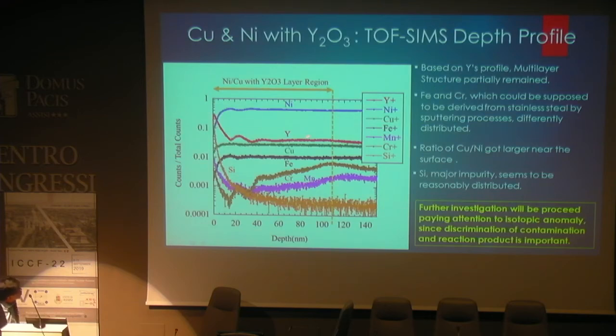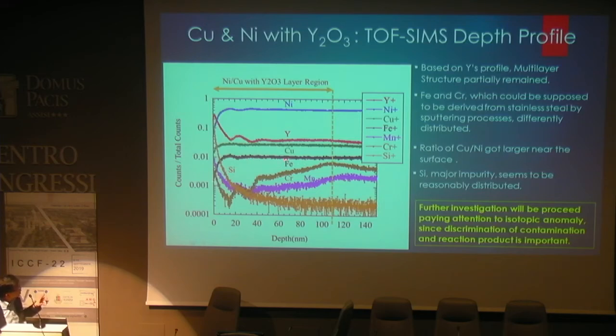Based on the yttrium profile, the multilayer structure partially remained. This sample was at a very high temperature, so elements diffuse and it is a little bit complicated, but it partially remained as a multilayer structure.